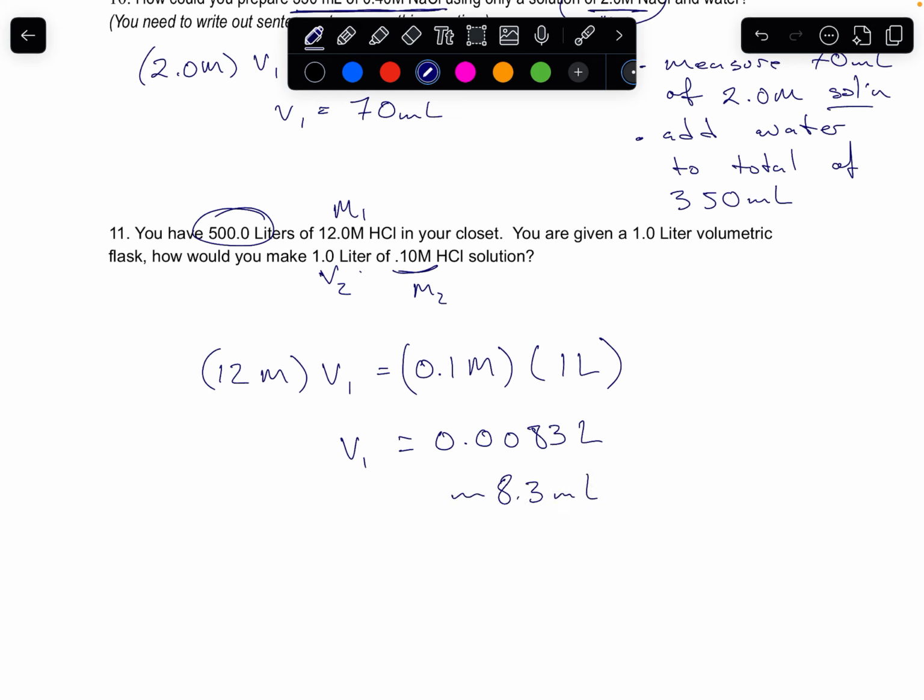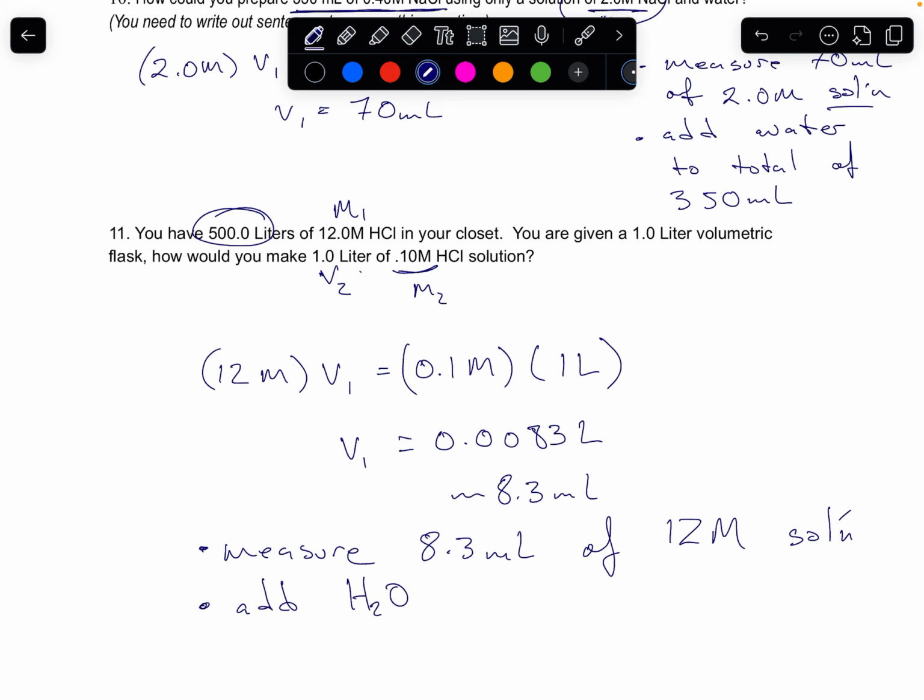That's approximately 8.3 milliliters. So I'm going to measure 8.3 milliliters of the 12 molar solution first, and second, I'm going to add water to a total 1 liter volume. That's how I'm going to make my dilution there.